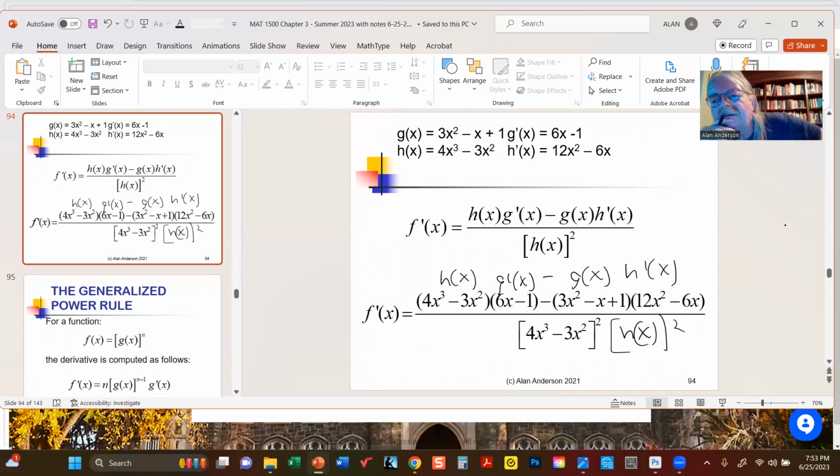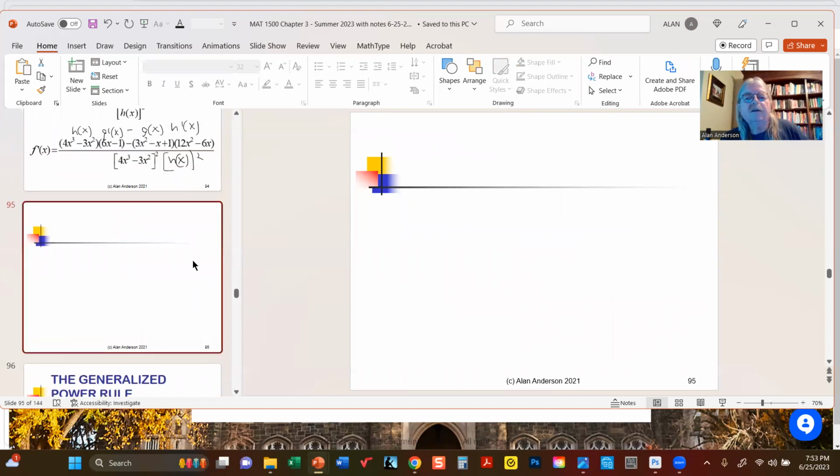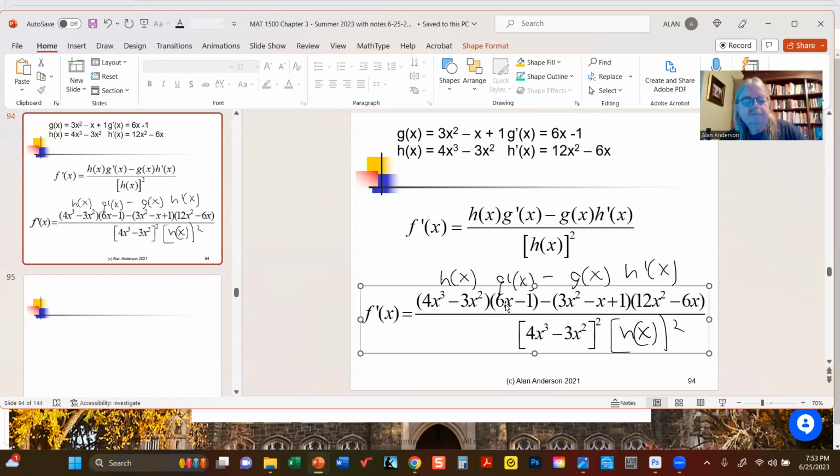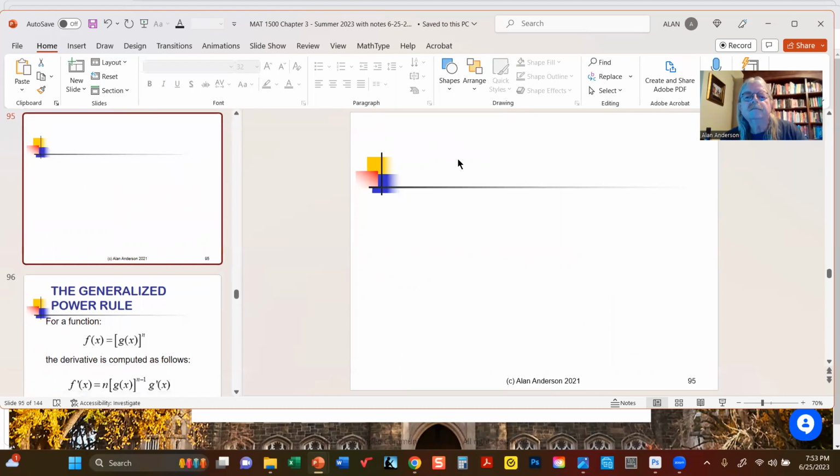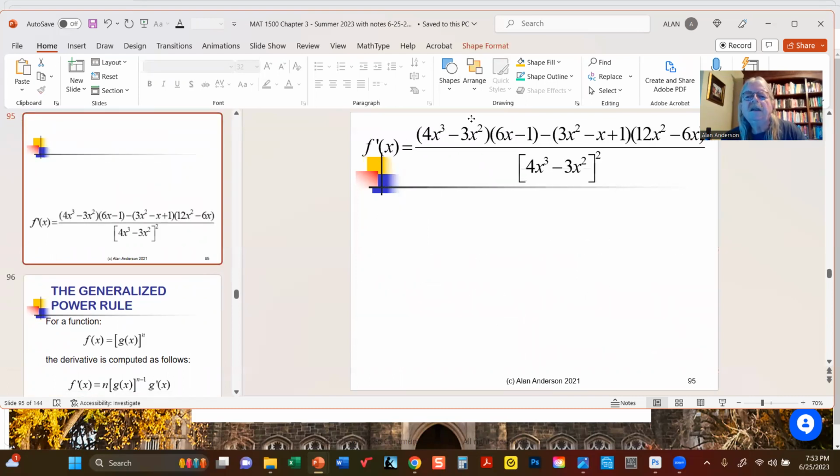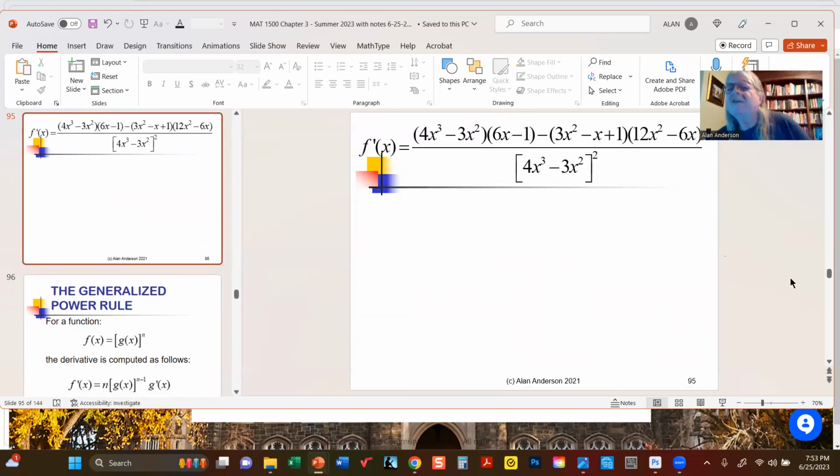The denominator, maybe not so much. You can leave it like this, but usually we try to simplify it a little bit more than this. That is a bit of a mess. It may turn out that you can simplify it, but let's just see what we've got.